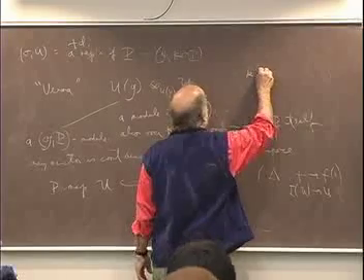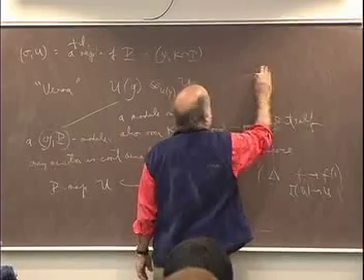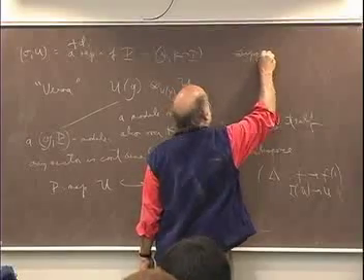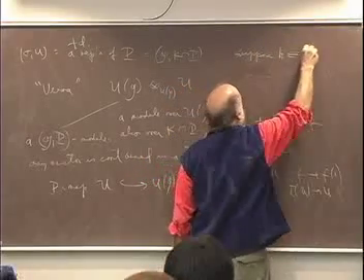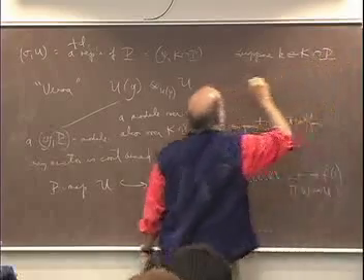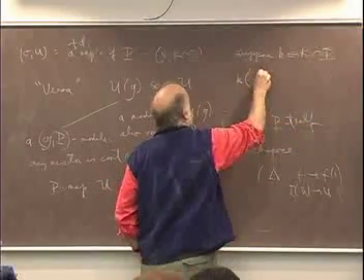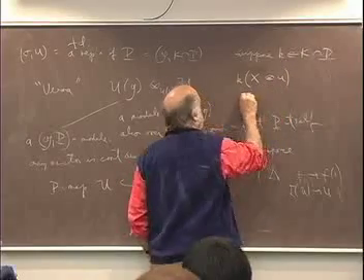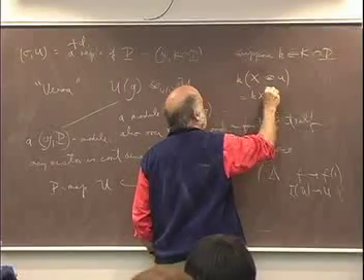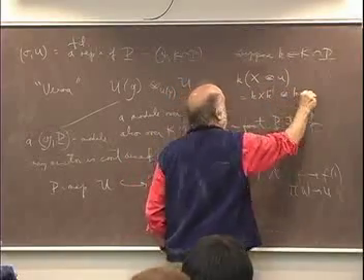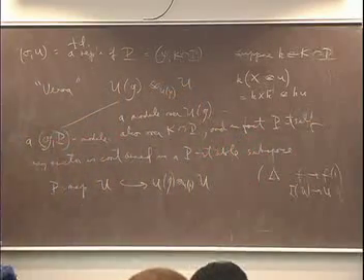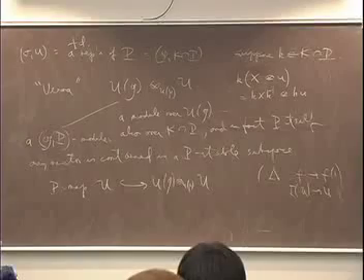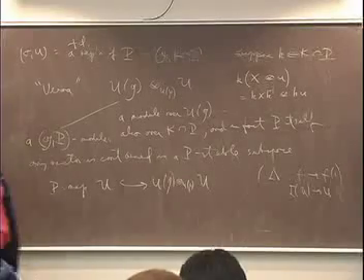Suppose k is a member of K intersect P, then k times x tensor u, an element of this tensor product, is equal by definition to k x k inverse tensor k u. That's the action of the group K intersect P on that, where k x k inverse is the adjoint action of k.